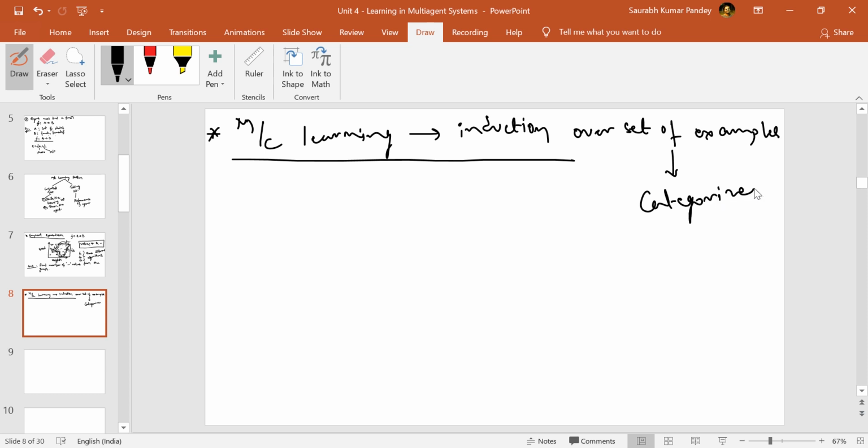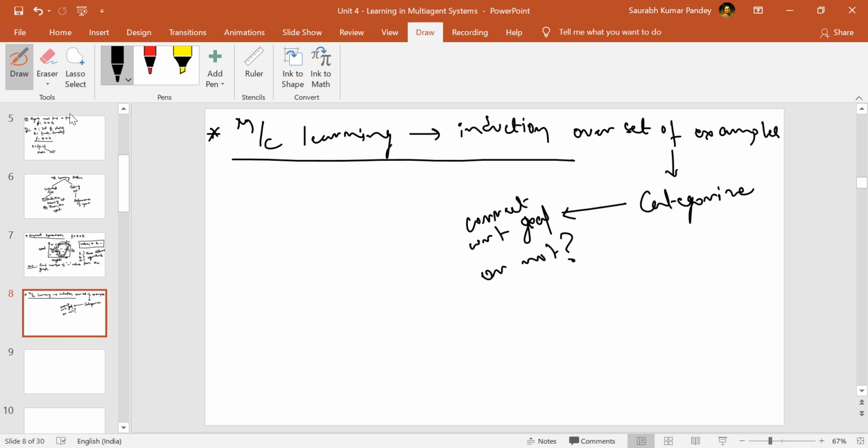And जो categorization होता है, उससे basically we are trying to find कि the categorization is correct with respect to goal or not, this question we try to address.